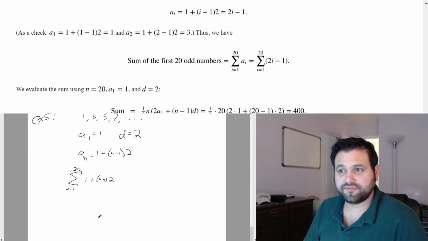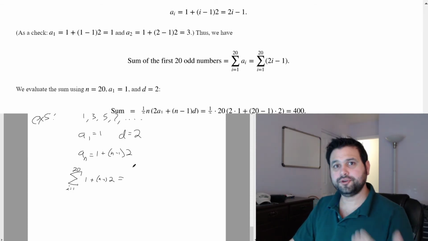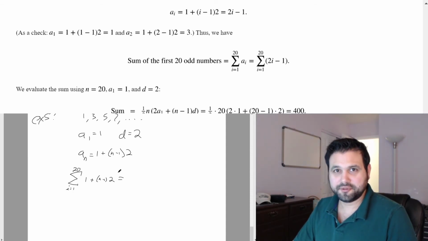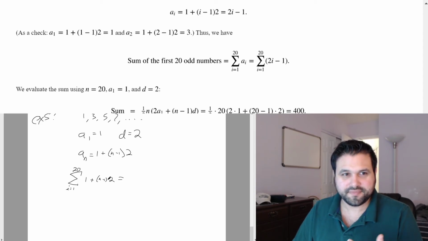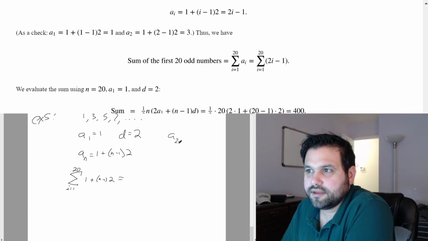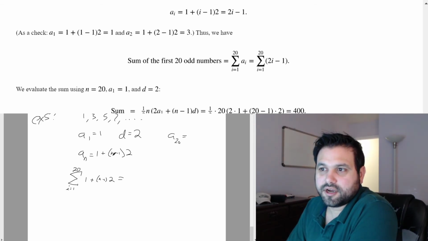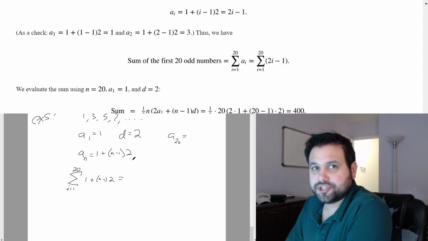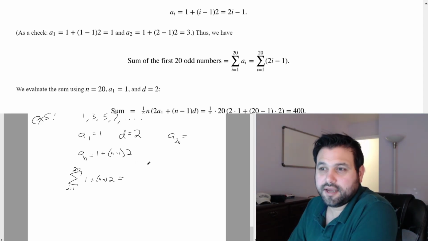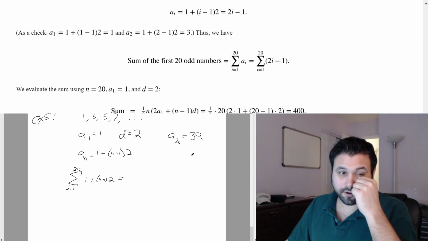Now to evaluate this though, we have to use the sum formula. So we still have to do that same stuff we did before. We still need to know what is a sub 20. Plugging it in, we'd have 20 minus 1 is 19. 19 times 2 is 38, plus 1 is 39.